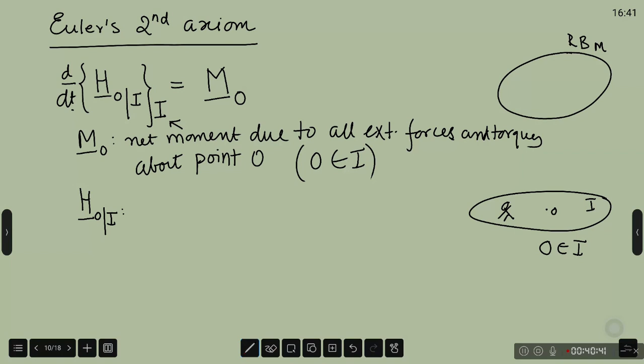Two classes ago, I defined a quantity for which I used this symbol. What is HOI?